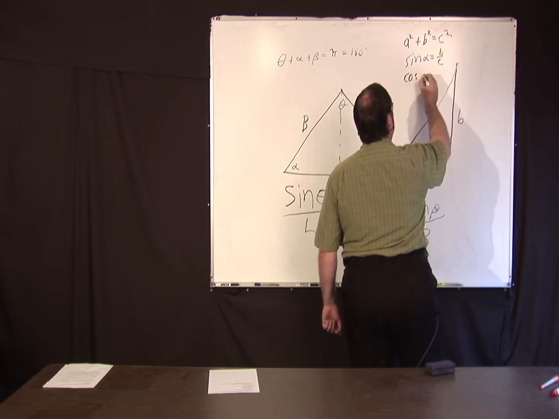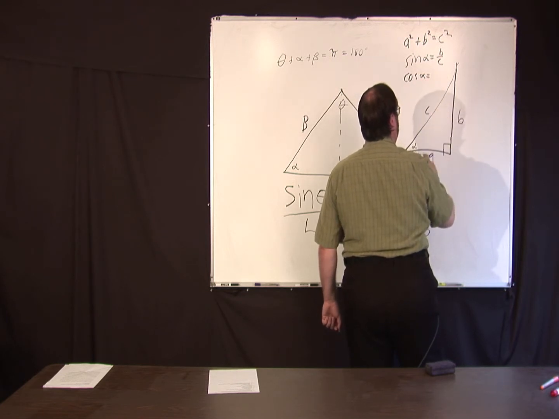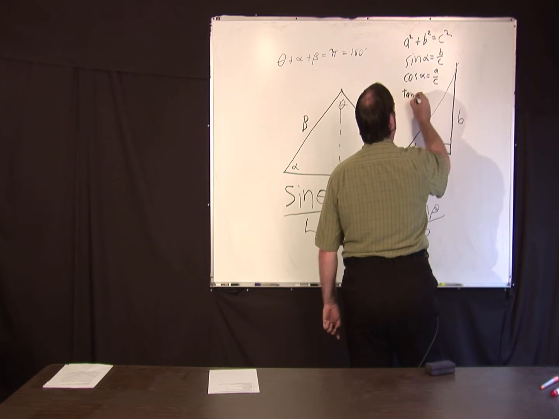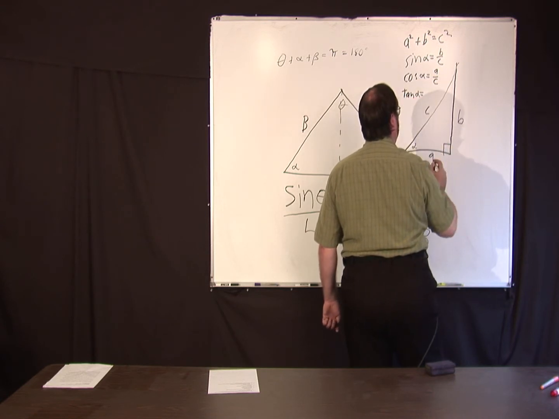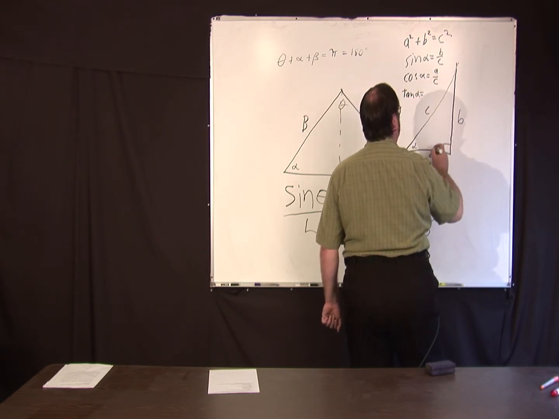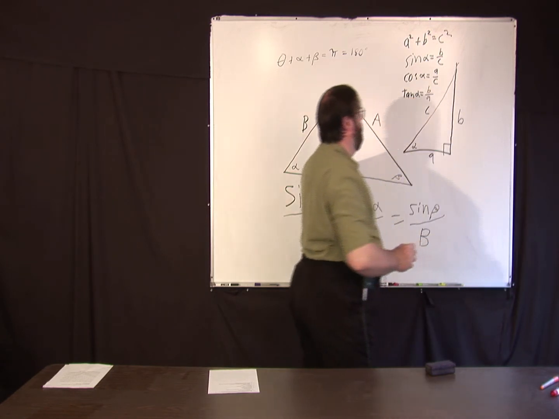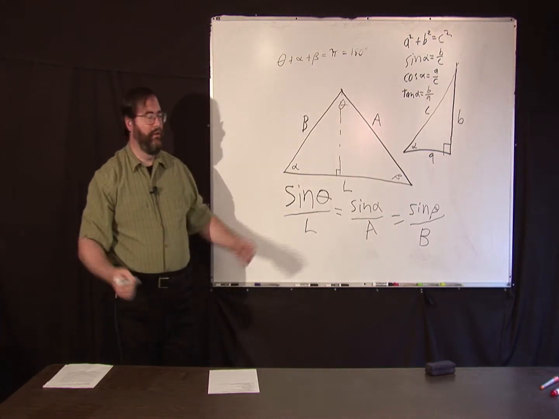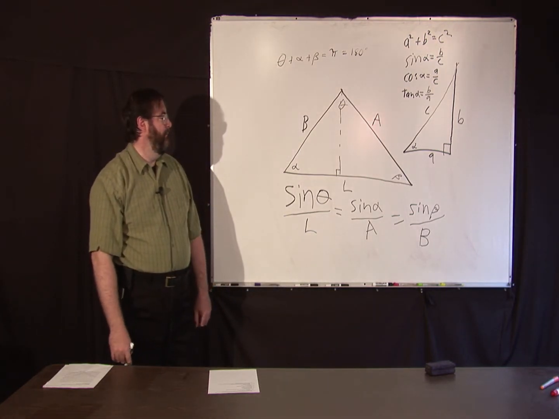Cosine alpha is equal to a over c. And tangent alpha equals b over a, which is sine divided by cosine. That's something you learn from basic geometry.